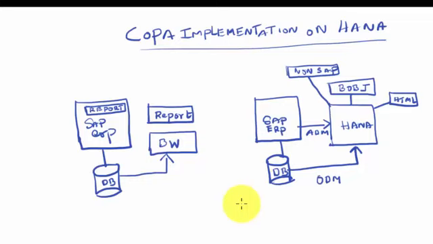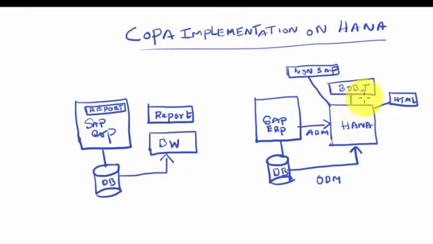We get that from MARA, which is materials, then KNA1 for customers, and LFA1 for vendors and things like that. What we do is we only get those application tables from the SAP ERP into the SAP HANA system, and then we build the models on top of those tables into a report.